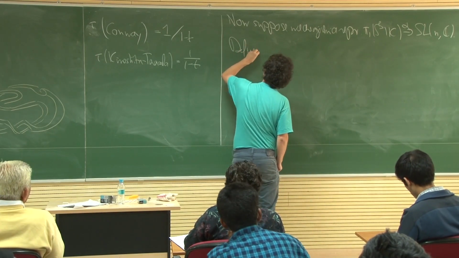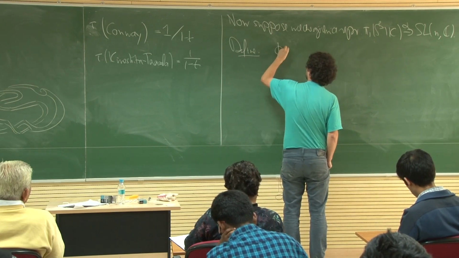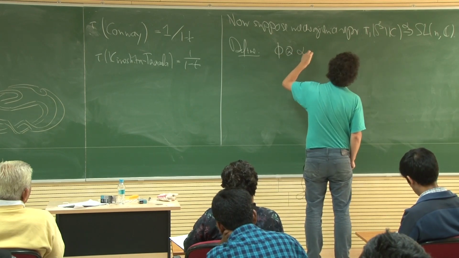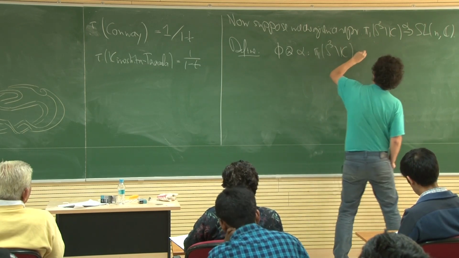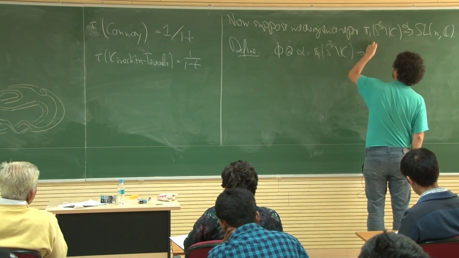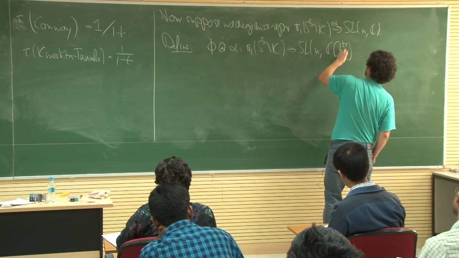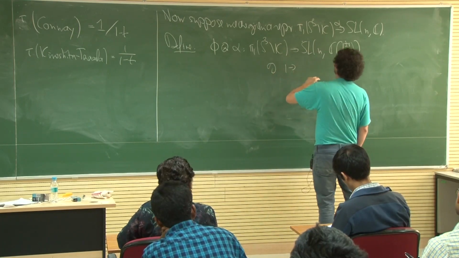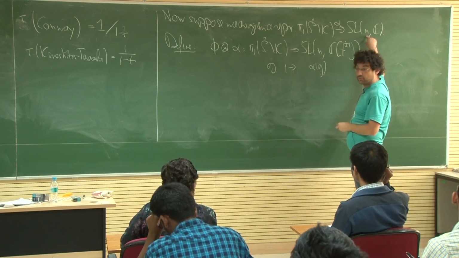Define the following. I've defined what I call phi tensor alpha, which is actually a surprisingly simple object. So I now go to SL_n over Laurent polynomials, and it's very simple. All you do is you take your g and you send it to alpha(g), which is just a matrix here.